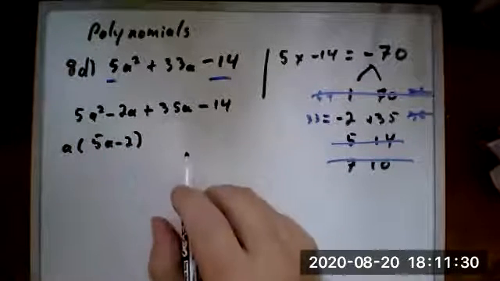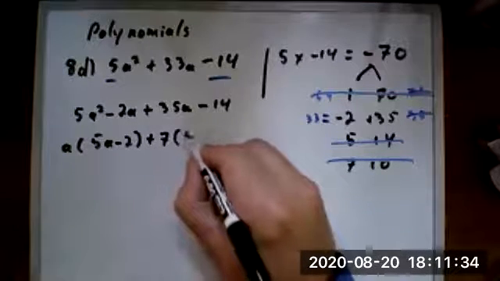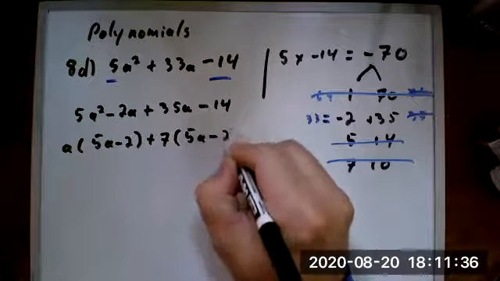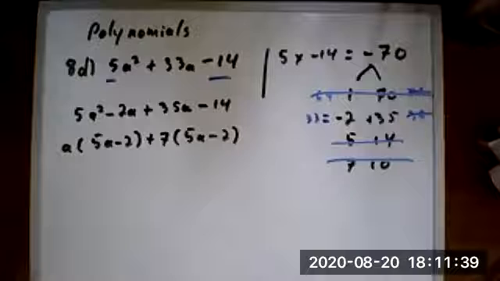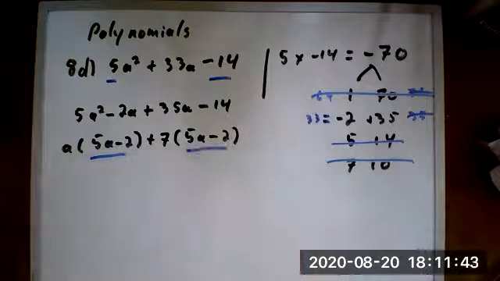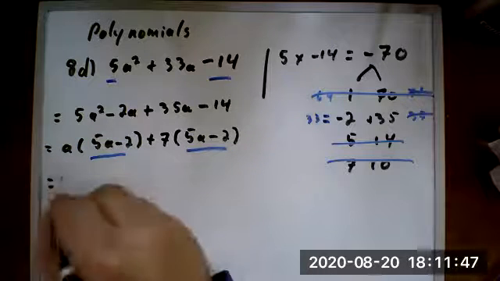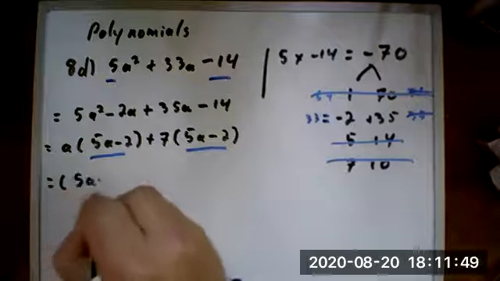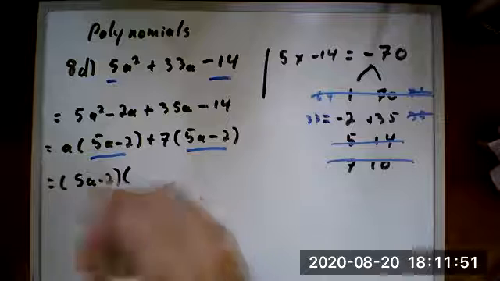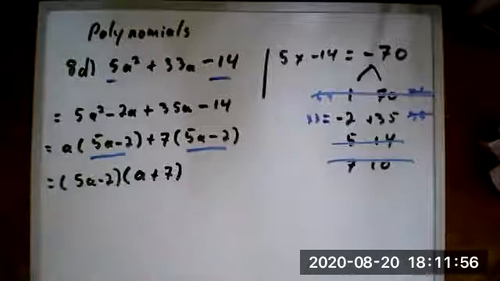Out of the second two terms, I can pull out a 7, leaving me with 5a minus 2. Fantastic. There's my common term. We pull it out. The other two terms go in the other bracket. And we're done.